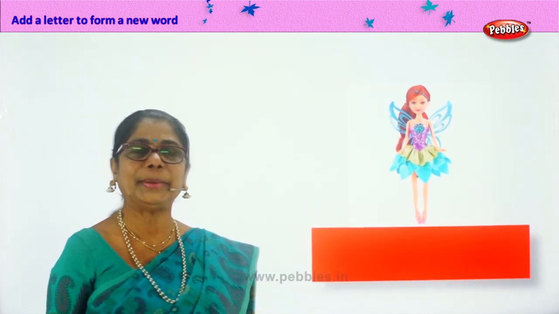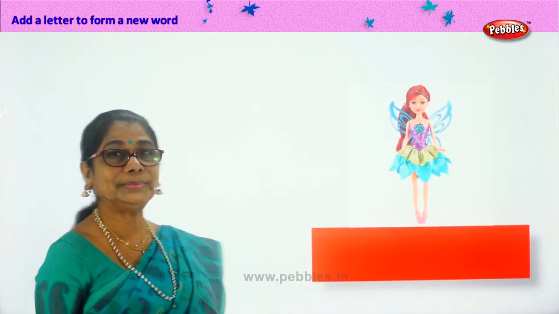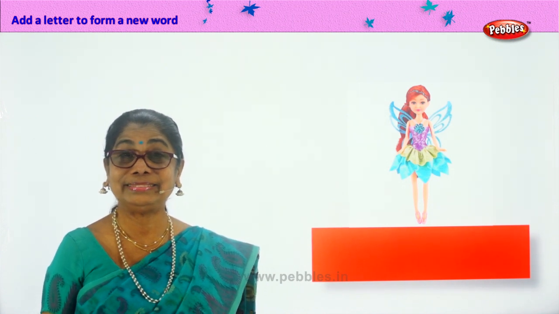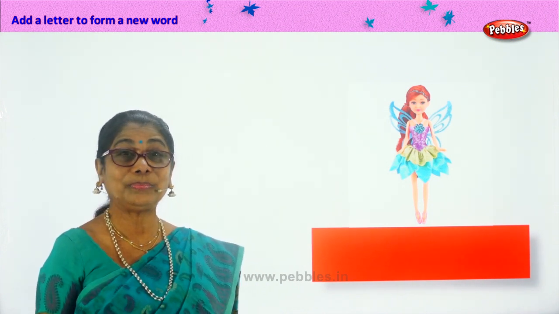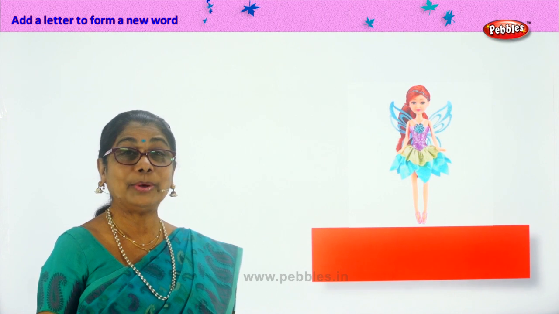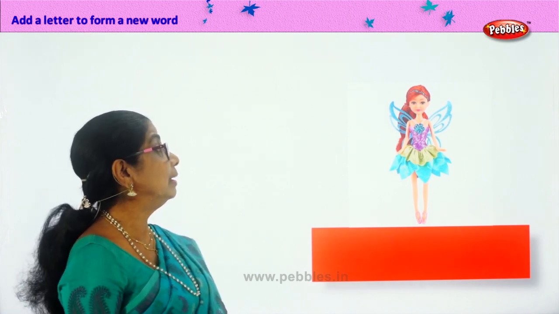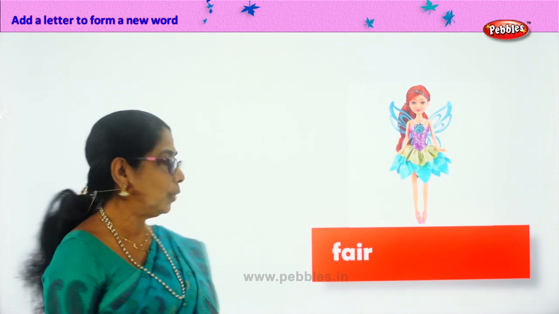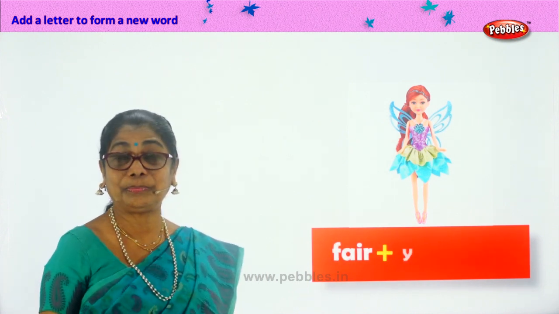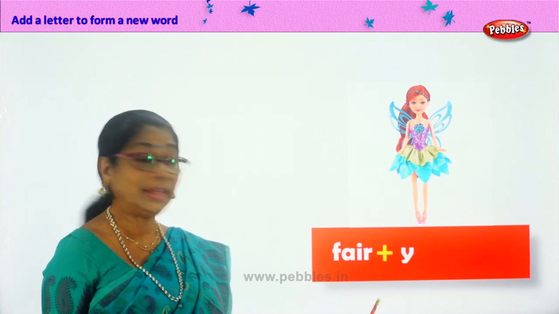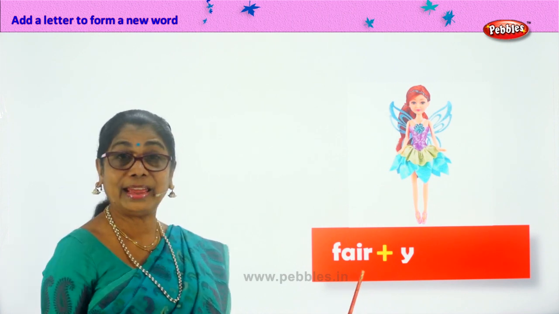Next, let's take another picture. What do you have here? Tiny fairies here. Who's a fairy? Yes, someone who blesses you, makes you into a beautiful child, clever child, lovely child. Look. Fair. F-A-I-R, fair.